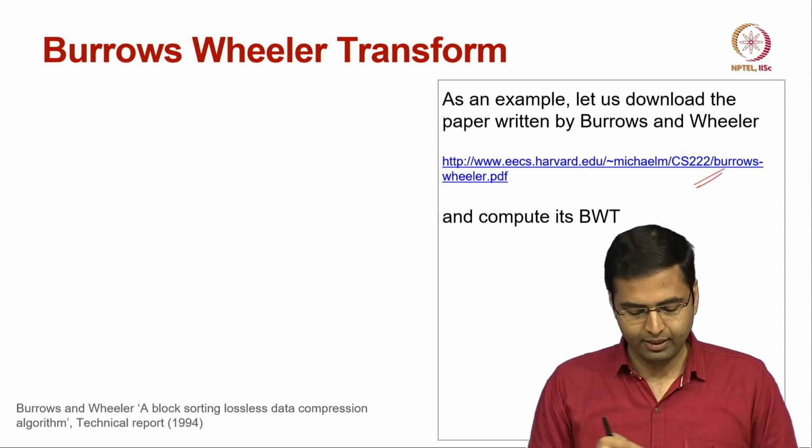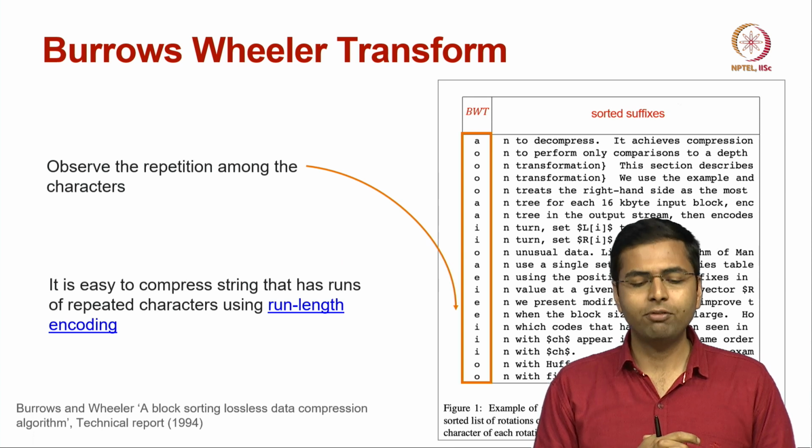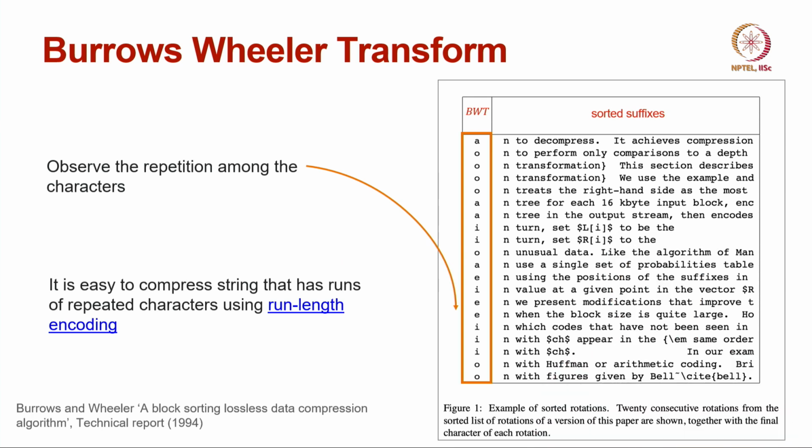Let us do that. Once we do that, in this figure I am showing you the Burrows-Wheeler transform represented by this column in orange.